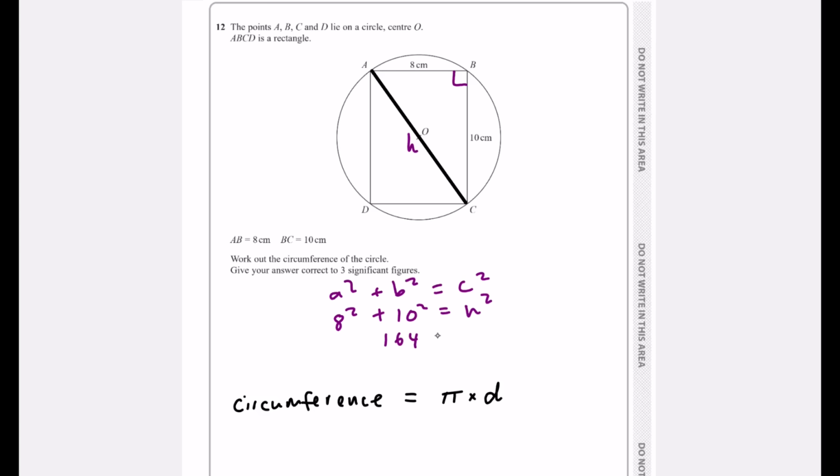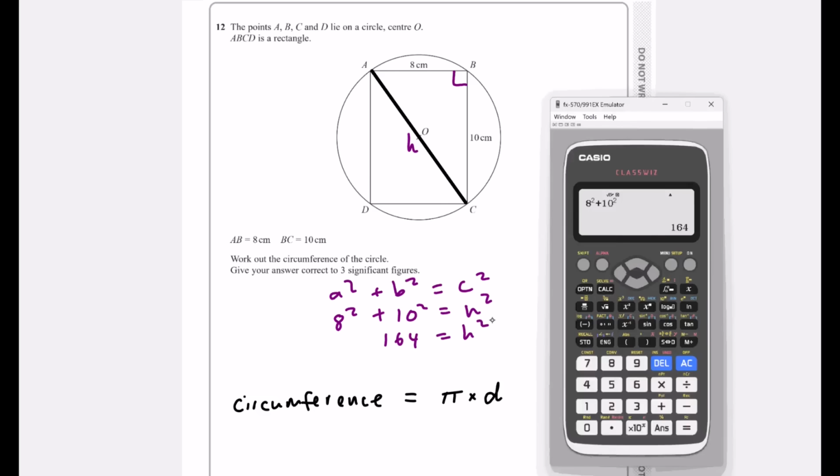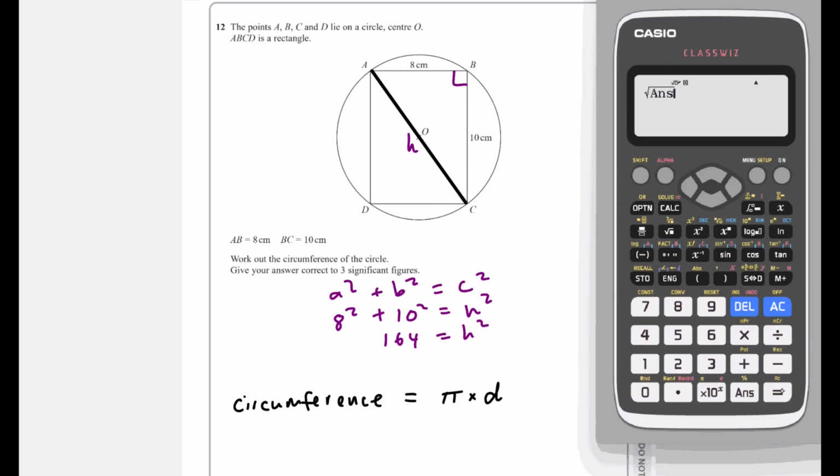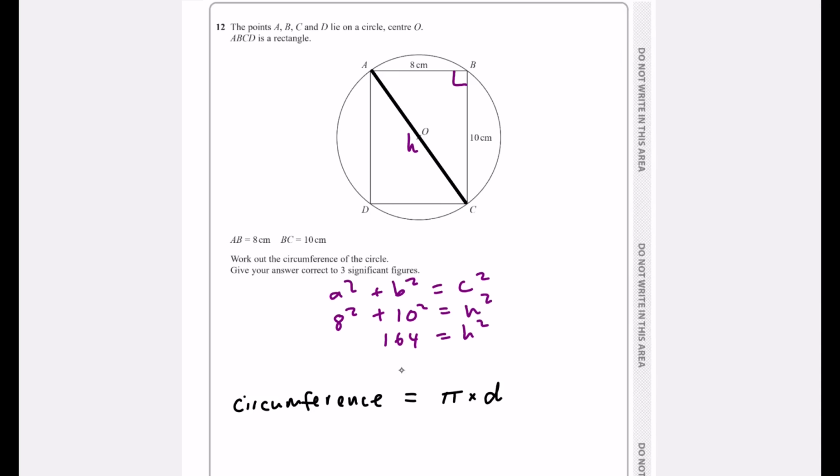So 164 equals h squared. Square root 164, we get 12.806, and so on. That's the hypotenuse, which is the diameter.